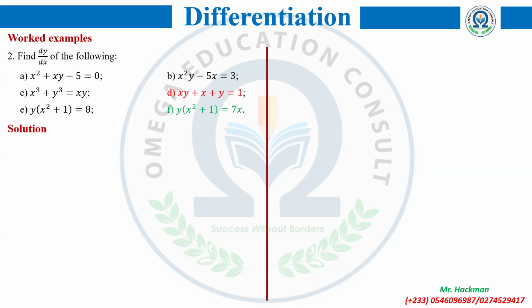We dealt with a situation where you have x and y but no equal sign, meaning there is only one term, and you are differentiating a term in x and y. And we said anytime you are differentiating such a term, such an expression, we have to make use of what? The product rule. So it's the same thing.